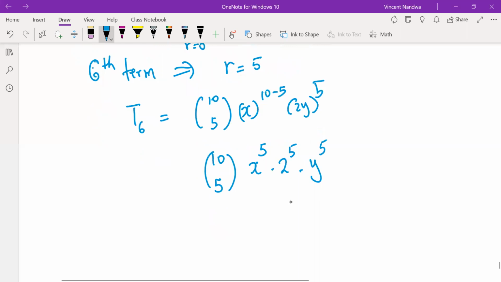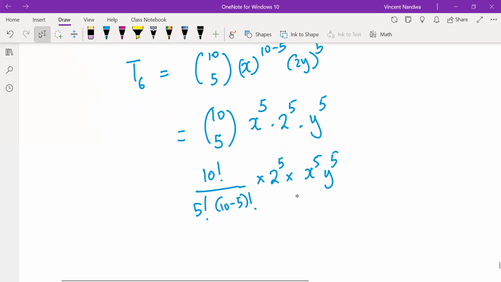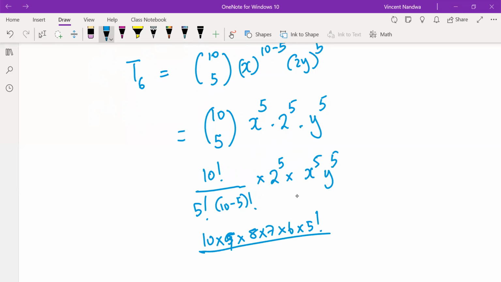Now 10 combination 5 is 10 factorial over 5 factorial times (10 − 5) factorial, multiplied by 2^5 x^5 y^5. So 10 factorial is 10 times 9 times 8 times 7 times 6 times 5 factorial, divided by 5 times 4 times 3 times 2 times 1 times 5 factorial.